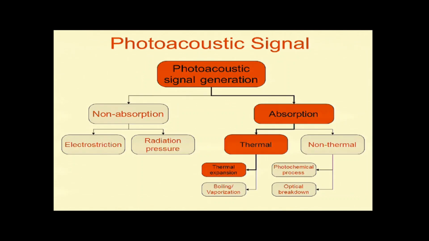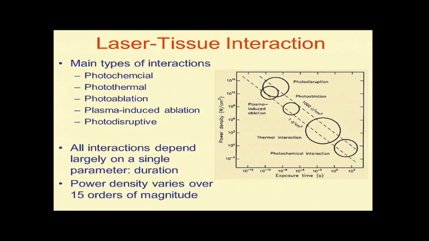Okay, how do we generate photoacoustic signal? There are many ways of generation of photoacoustic signal. The one that we currently use is done through absorption, thermal deposition, and thermal expansion of the tissue. Yet there are 3 other mechanisms that are possible. If I look at the physics, again, something very interesting.